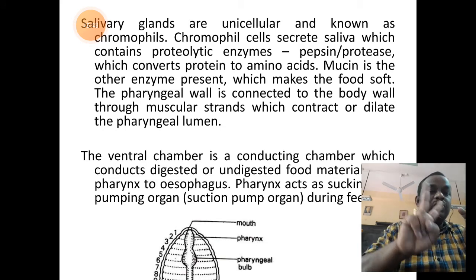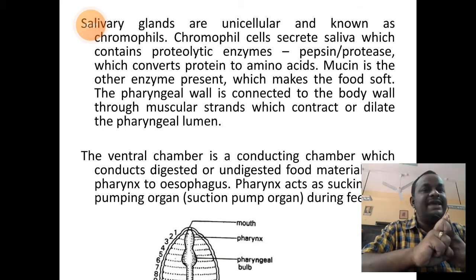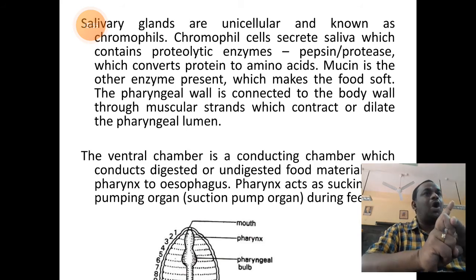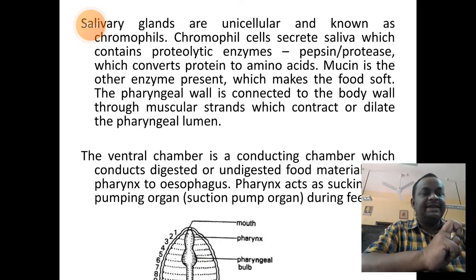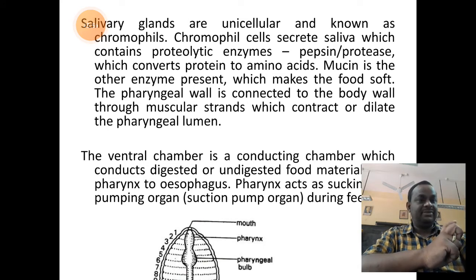Saliva contains two components. Component 1: it secretes proteolytic enzymes. We call them proteases or pepsin, which are responsible for conversion of protein molecules into simpler amino acids. So, breakdown of the proteins takes place with the help of proteases secreted in the saliva.